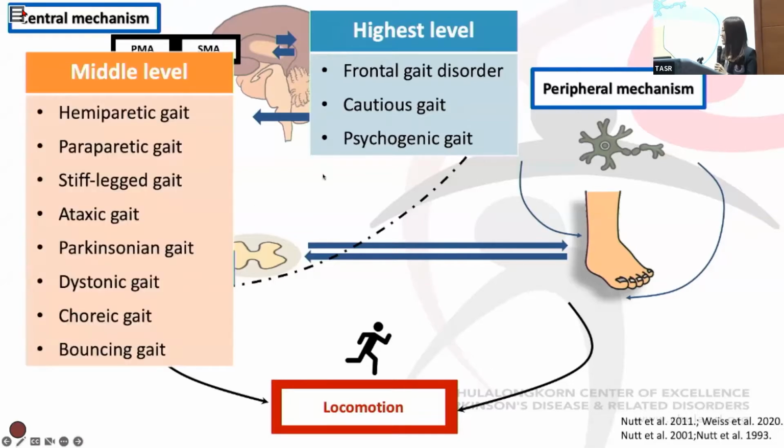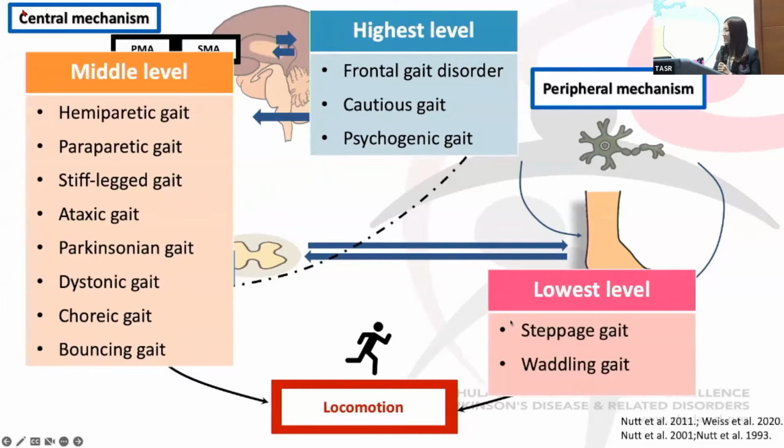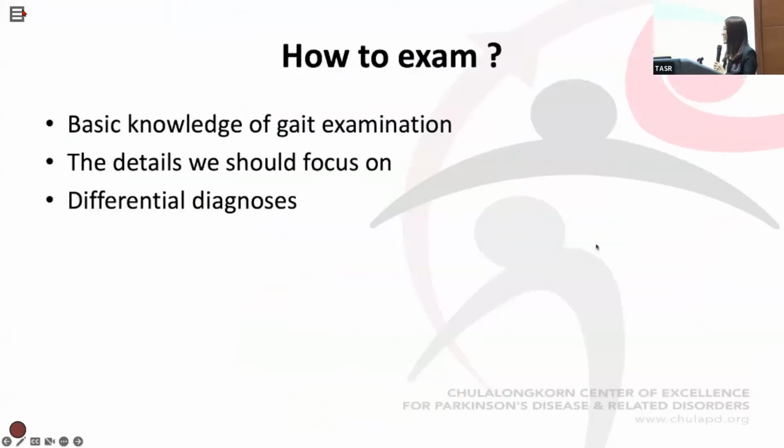The abnormalities of the brainstem, including the midbrain and the pons, and also the spinal cord will contribute to the middle level gait disorders. And then the abnormalities of the peripheral nervous system will contribute to the lowest level gait disorders, including the steppage gait and the waddling gait. So we'll talk about these abnormalities later on.